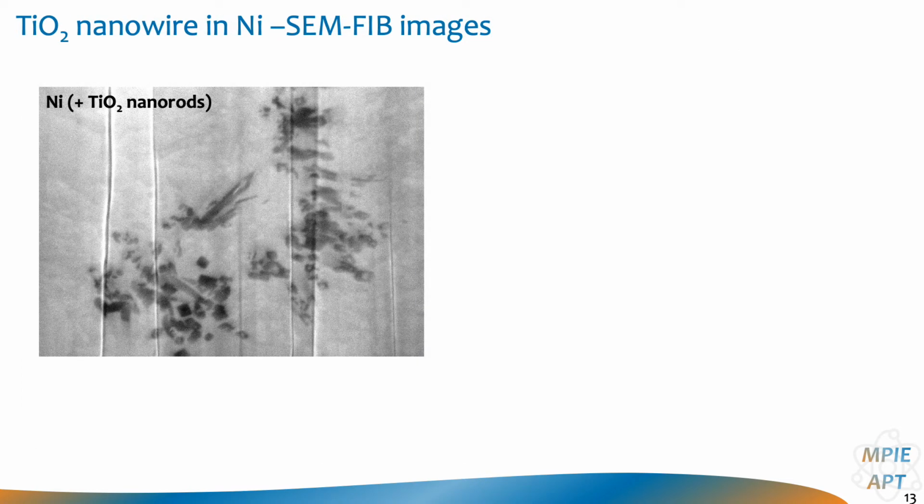So here is the nickel matrix with these titanium nanorods embedded, and you can see here, for example, an example of a nanorod, and the hollow core has been filled with nickel. So that was one of our main concerns, and it seems to be okay despite the size of only a few, like below 20 nanometers or something.